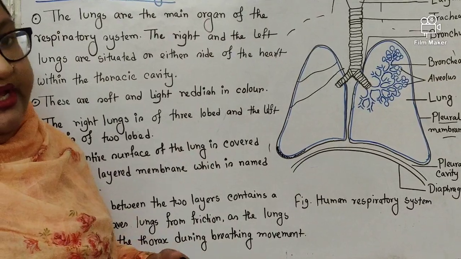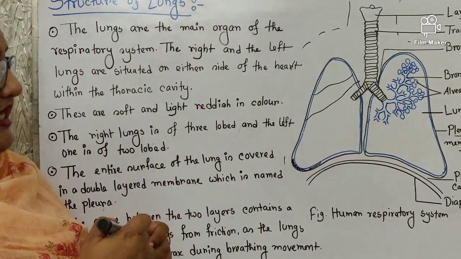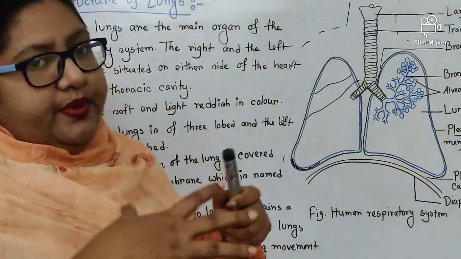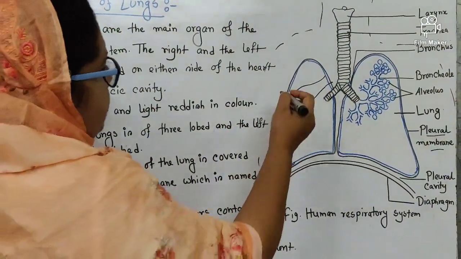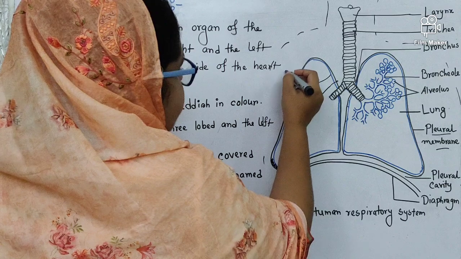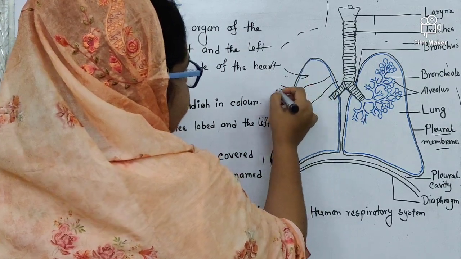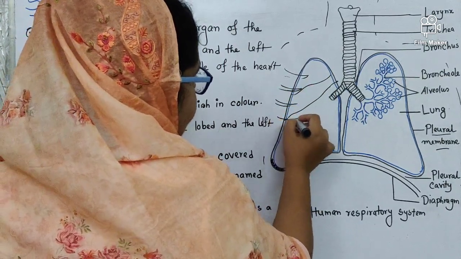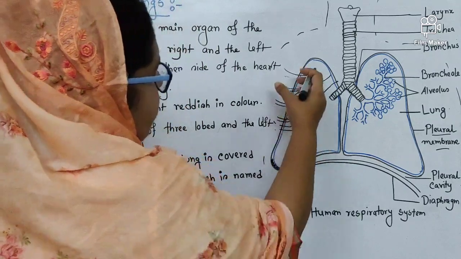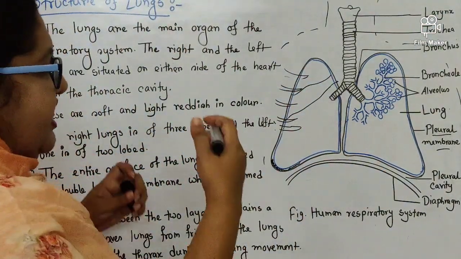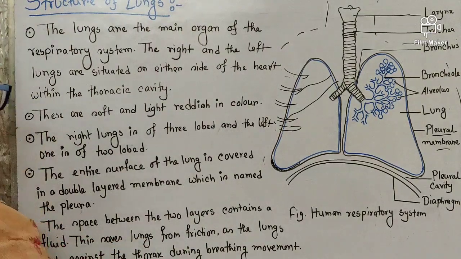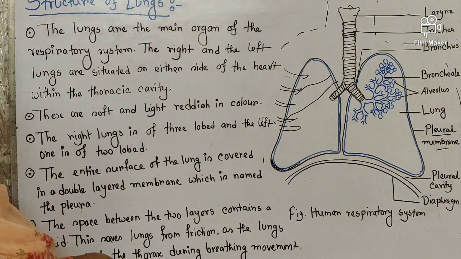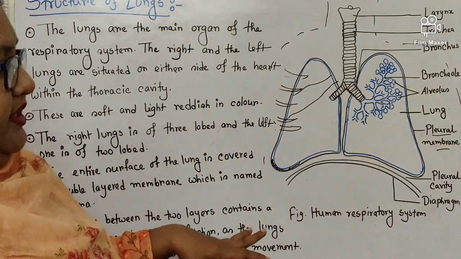So when we breathe or we inhale oxygen, the lungs swell up and come closer to the thoracic wall. These are the ribs. The ribs are situated here. So it saves the lungs from friction with the thorax during the breathing movement.